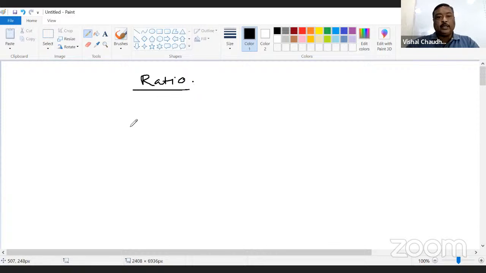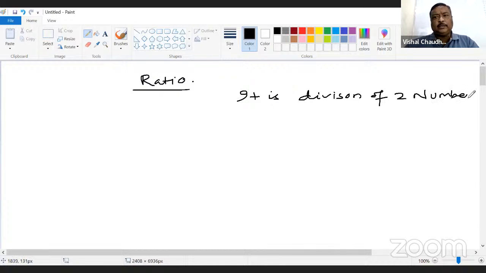Guys, ratio, it is division of two numbers.